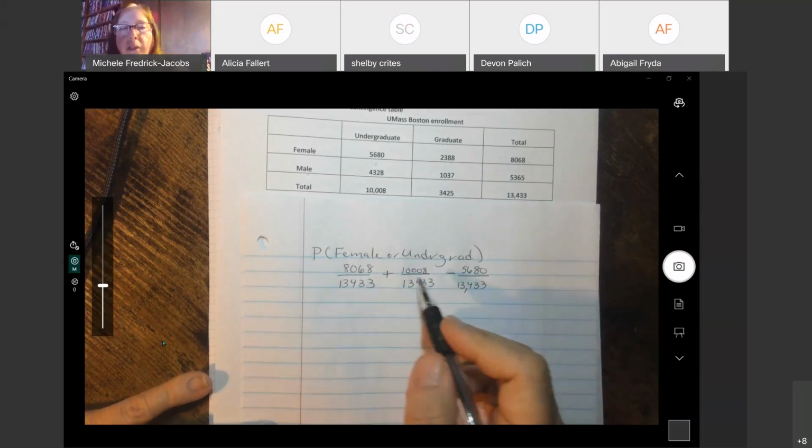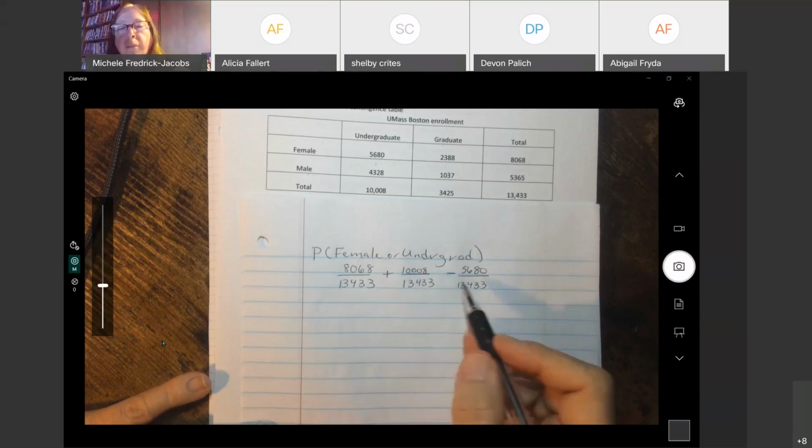These are all the same denominator, so you only need to combine across the top and keep the denominator.